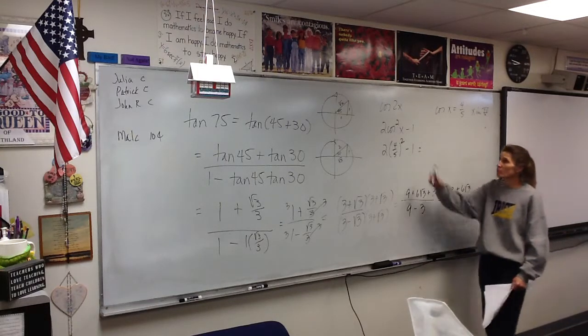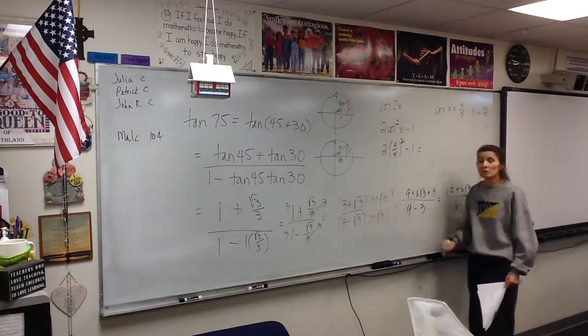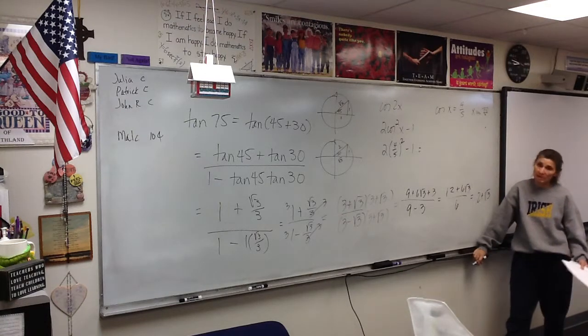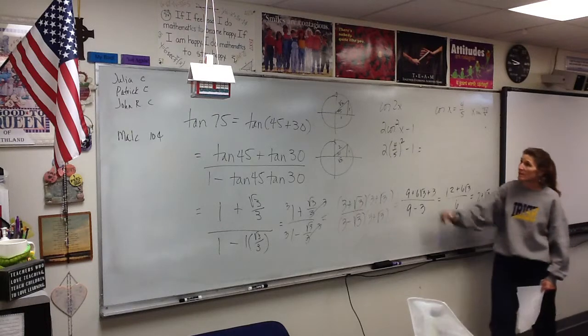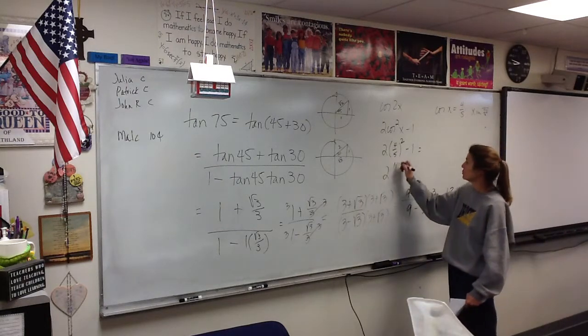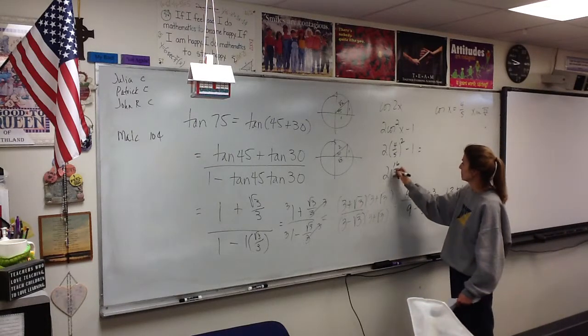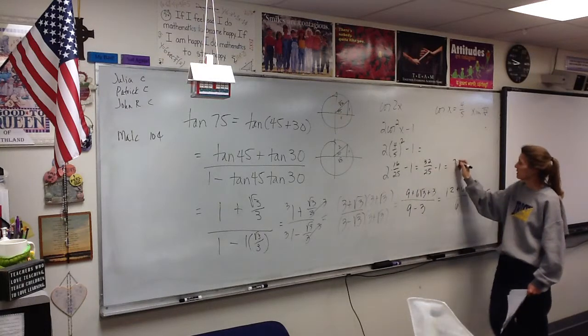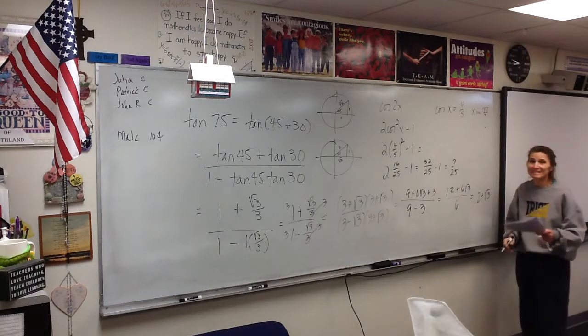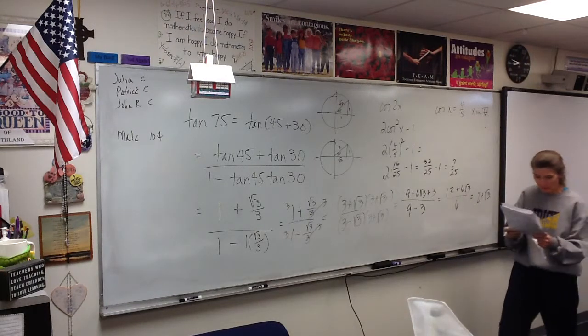The formula for cosine 2x is, or one of the formulas is, 2 cosine squared minus 1. They gave me the cosine. I just plug it in. So I have 2 times 16/25 minus 1. That's 32/25 minus 1. The answer is 7/25.